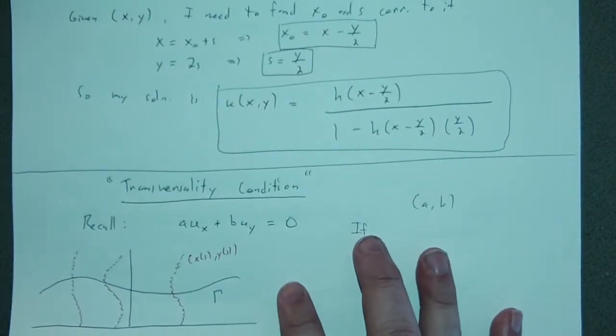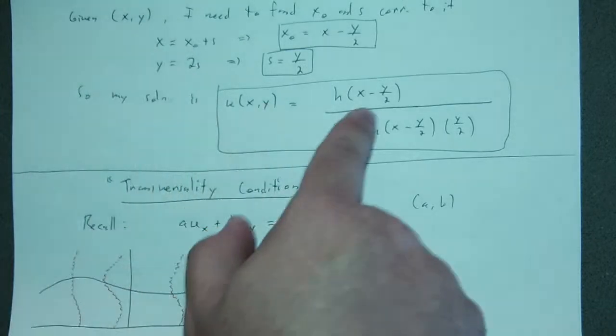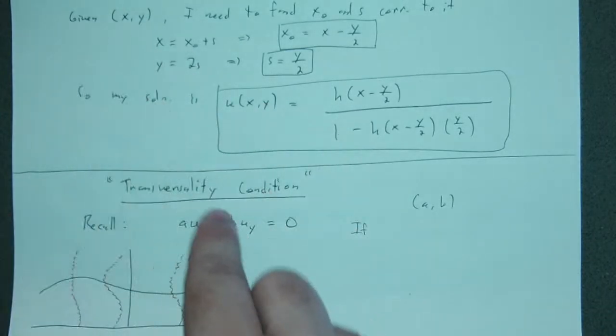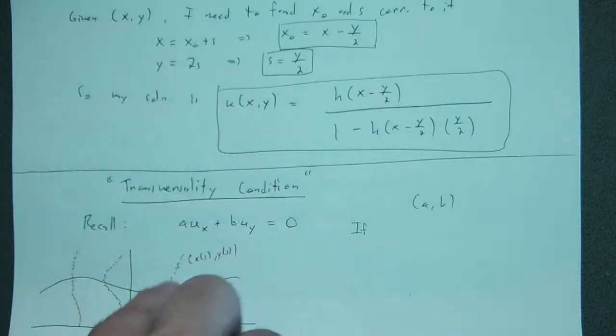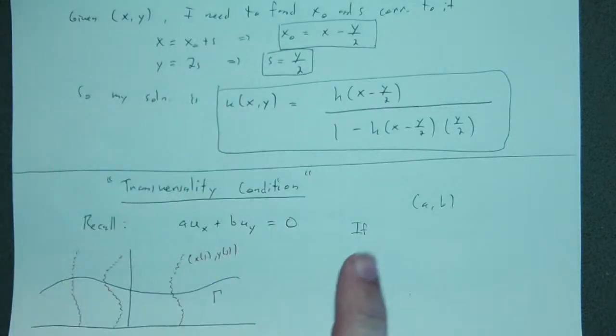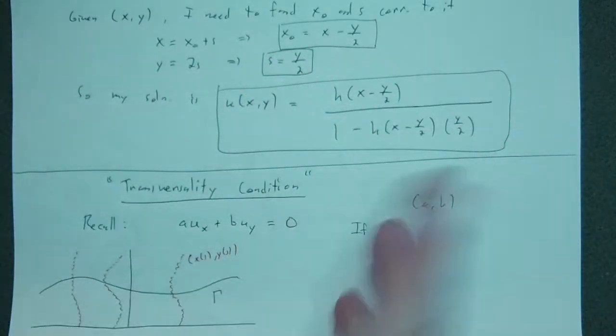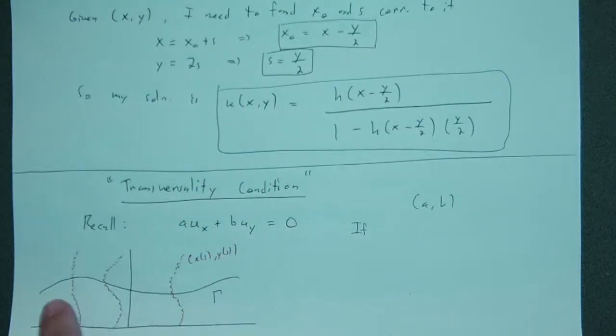In order to actually solve this, I require that these characteristics fill out the domain in question. Because if they left any gaps, then if I picked a point in that gap, I wouldn't be able to solve for this x naught and s. I wouldn't be able to find a solution at that point. So I need these characteristics to fill out the whole plane. That was a requirement on the characteristics.